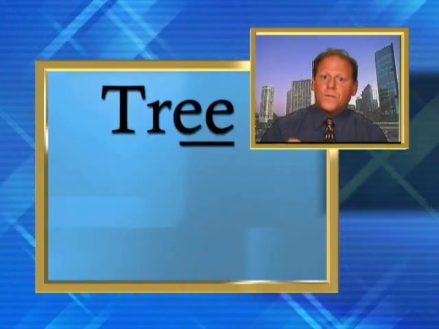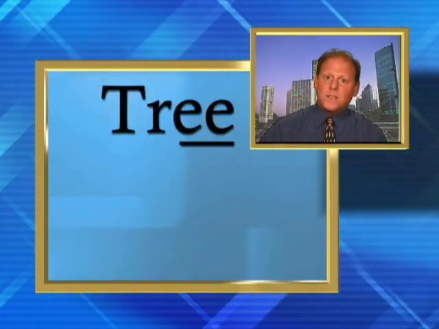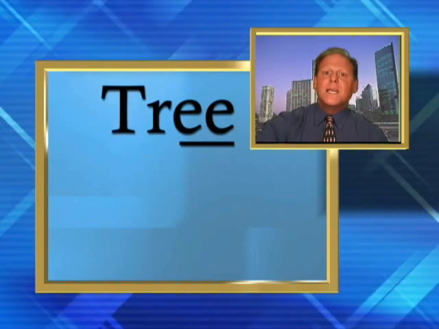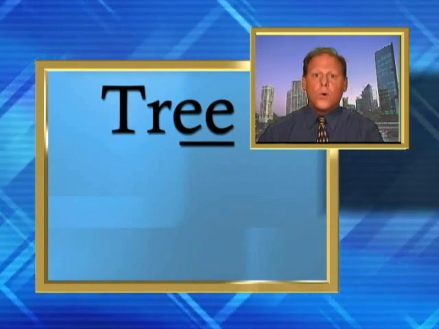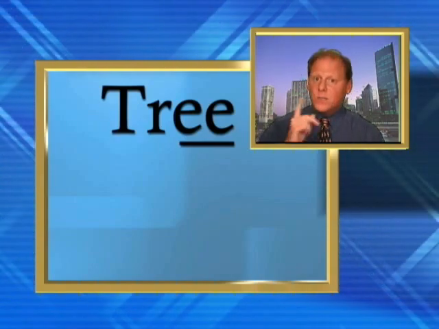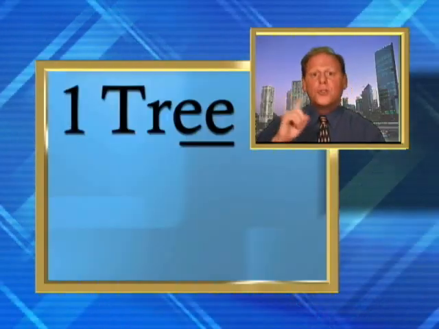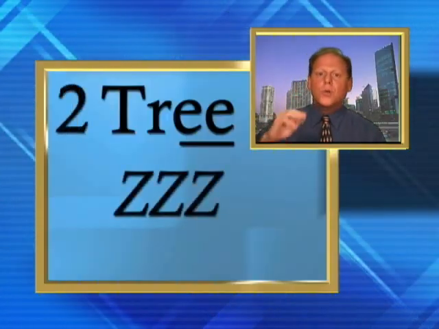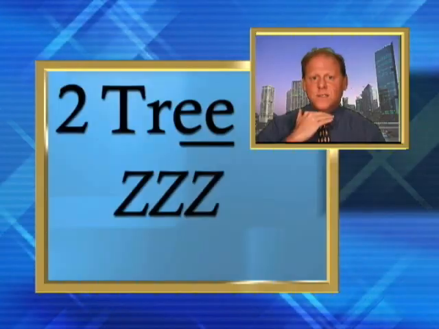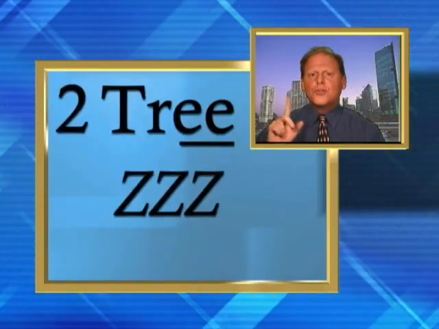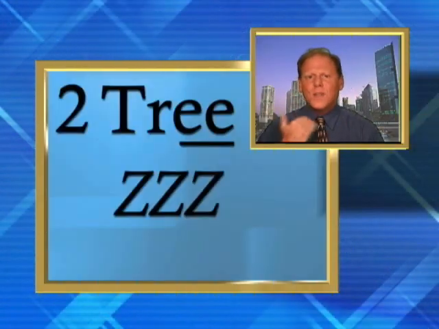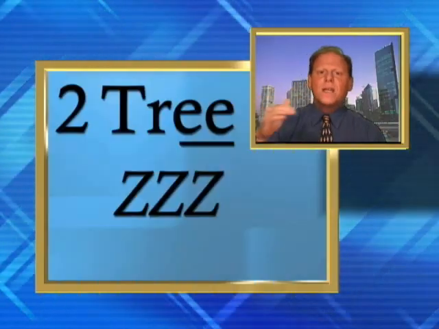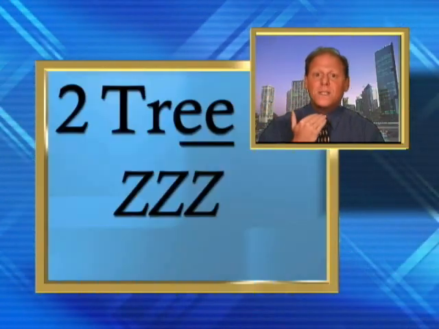So what you want to do if you're going to add an S to a word like this to make it plural is you continue the voicing throughout the whole word and add on a voiced Z. So here we go. You've got one tree or two trees. It's not trees with an unvoiced S. It's trees with that voiced ending.